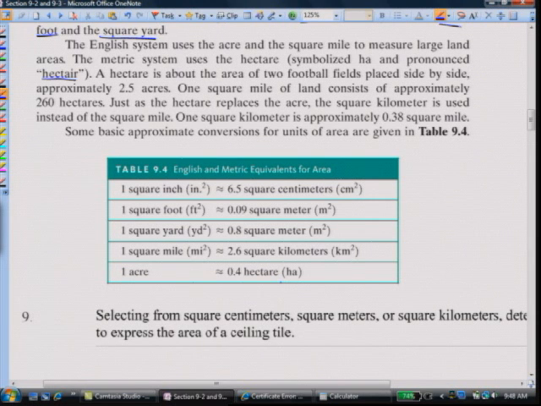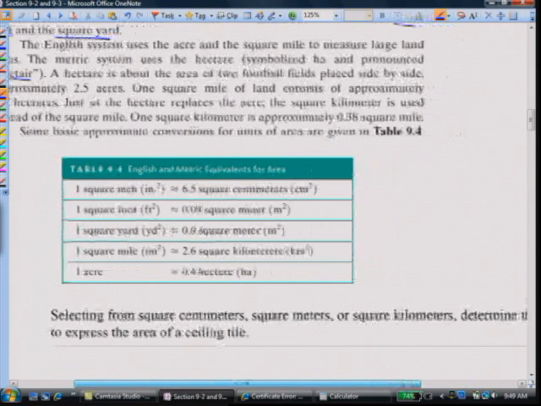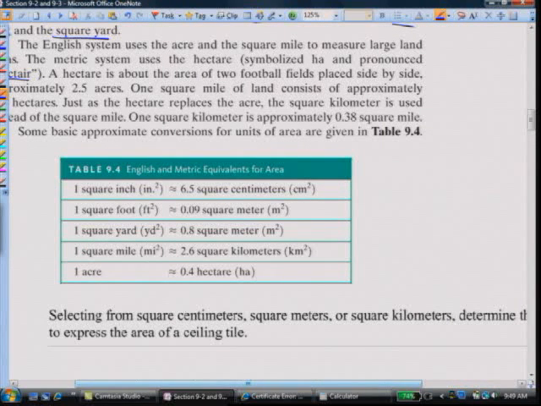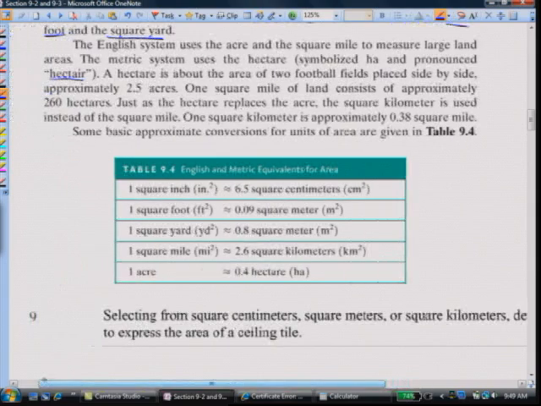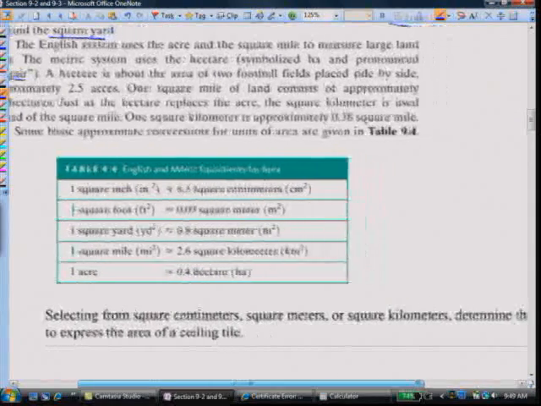But I think we know a little bit more metric now because most medicines and the whole medical system is in metric. And, you know, there's our liters and our Coke bottles and that sort of thing that are in metric.